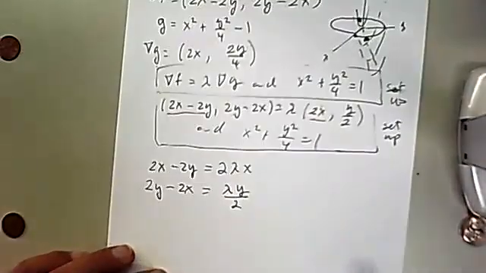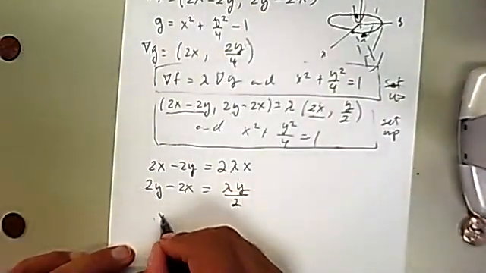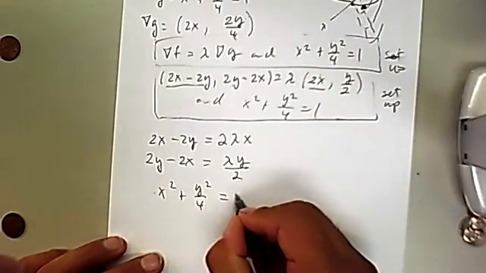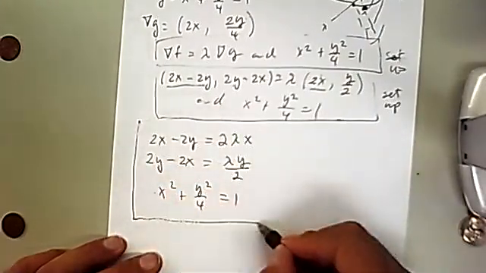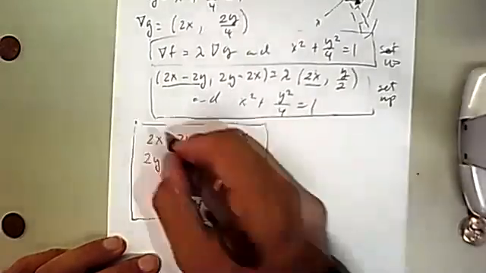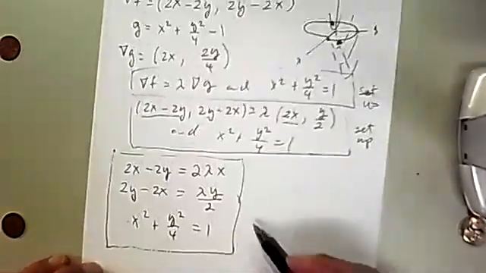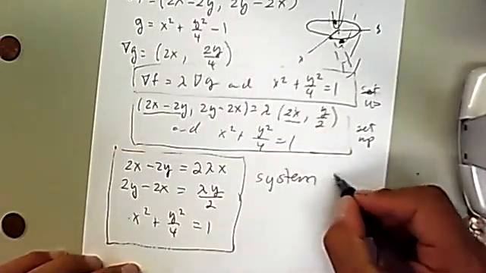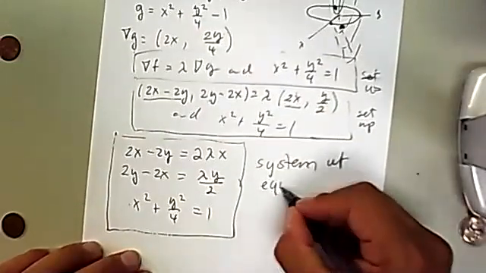Yep. And then we have this restriction, x squared plus y squared over 4 equals 1. So this is the system of equations that came from the setup.